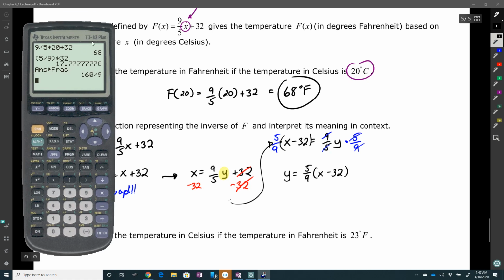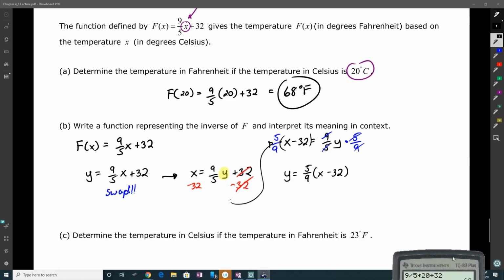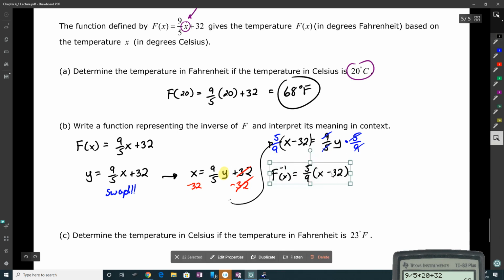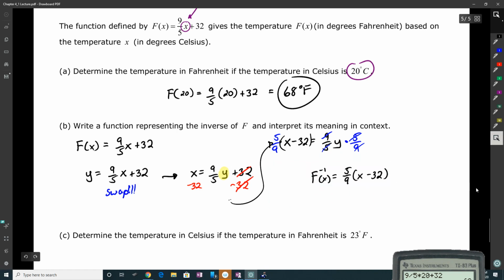Yeah, no. So usually when you see the formula, it's just left like that. And so remember, instead of y though, I replace the y with f inverse of x. And so there's my inverse. Now what is it in terms of the context?